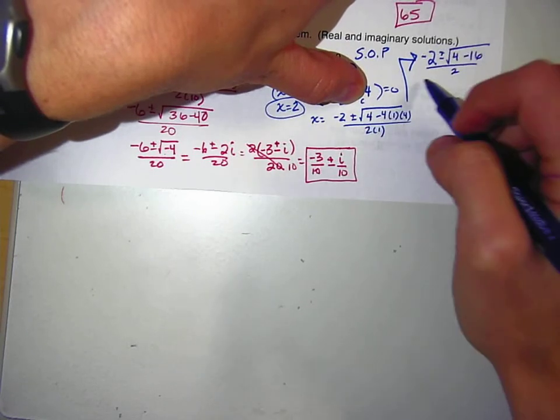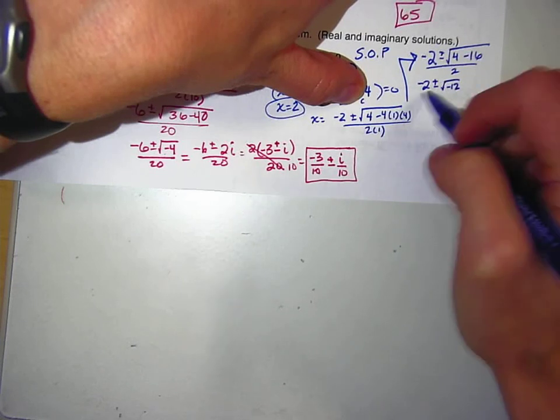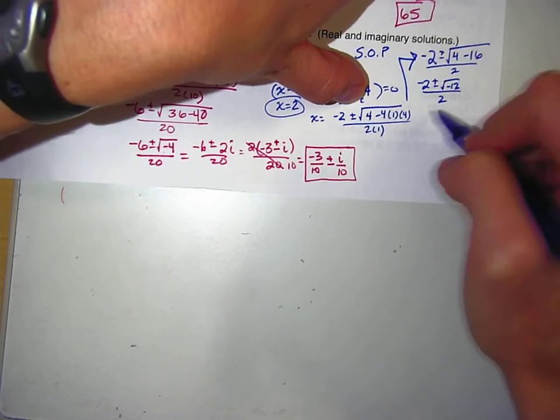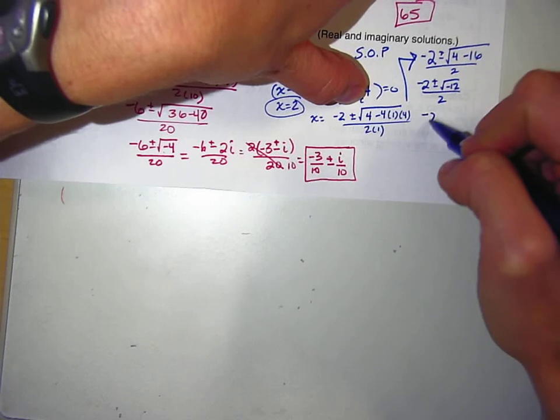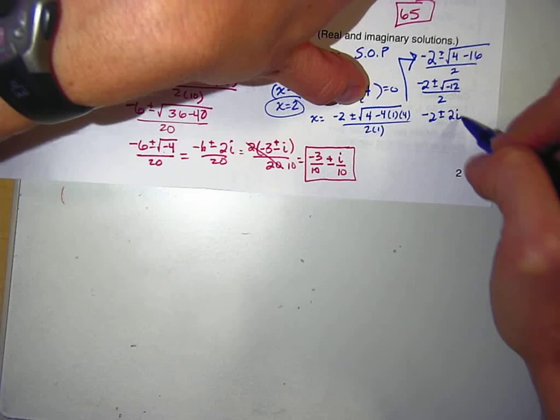So that's negative 2 plus or minus root negative 12 over 2, but root 12 is 2 root 3. So this becomes negative 2 plus or minus, and then the negative gives me an i. So this is 2i root 3 now.